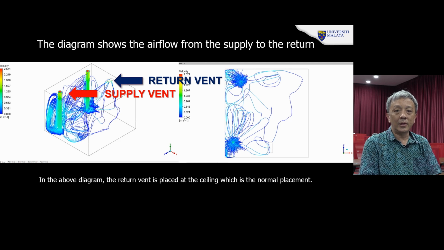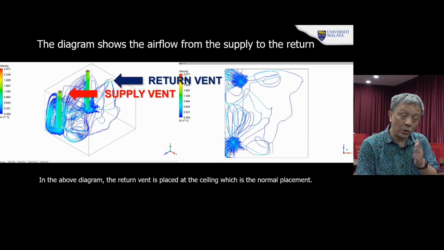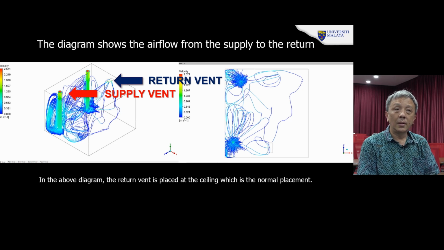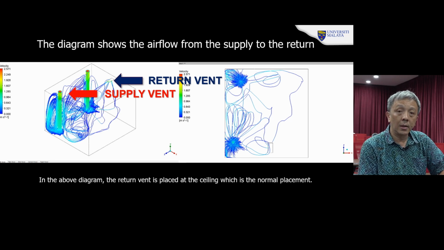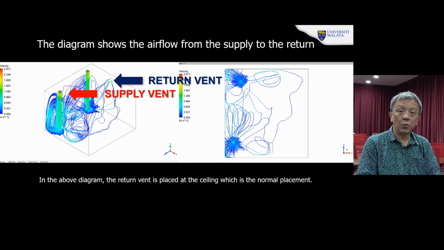If the supply and the return are both on the ceiling, as we mentioned just now in one of our diagrams or in a video that we showed, the air would not return back into the return, and it will stay around the room, which is a potential for circulation and contamination.